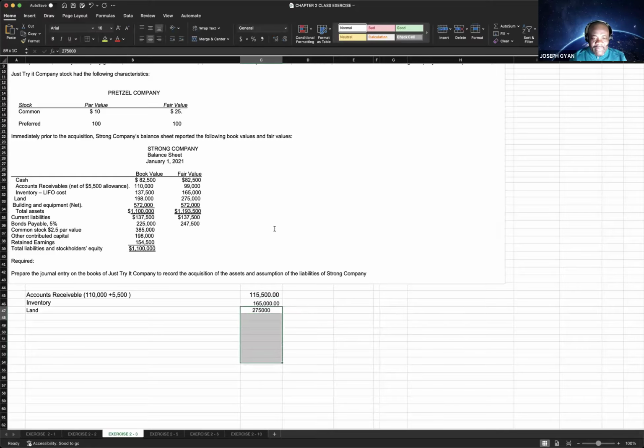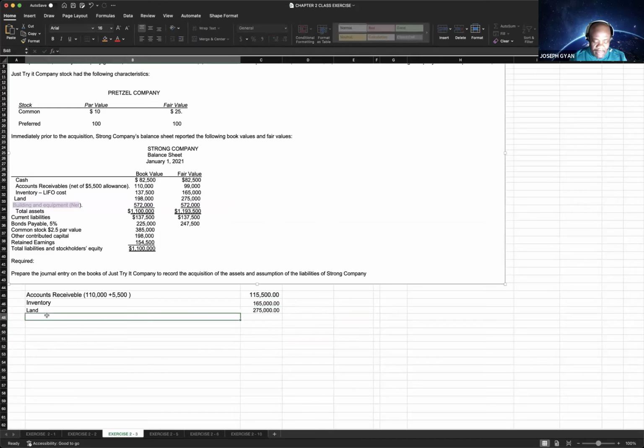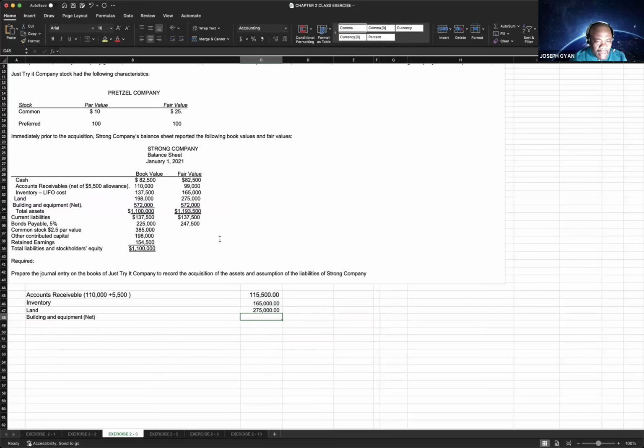Then we have the next one, PPE, plant and equipment. The net of PPE amounts to 572.